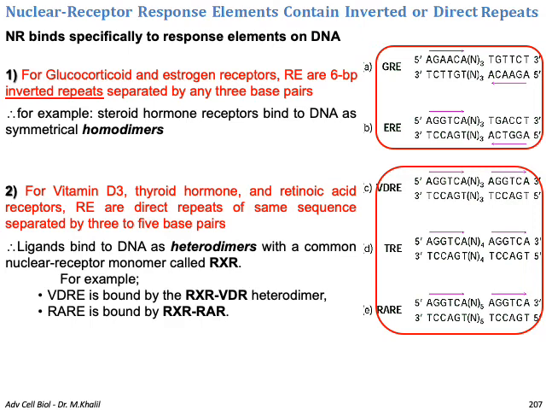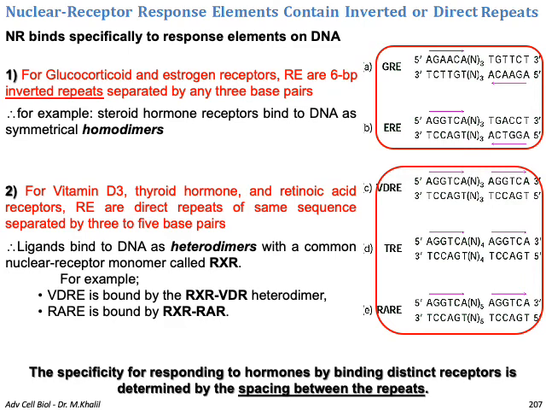So the proteins that need to bind to this response element have to be heterodimers. And this heterodimer is either RXR-VDR or RXR-RAR, in the case of different signals, either vitamin D or retinoic acid.